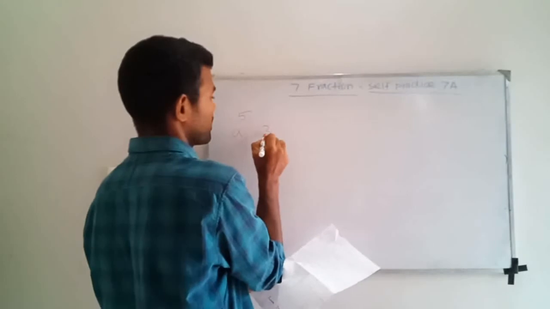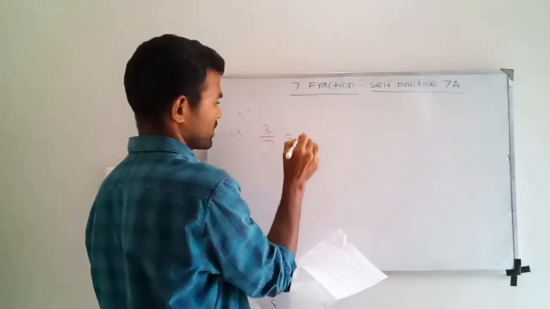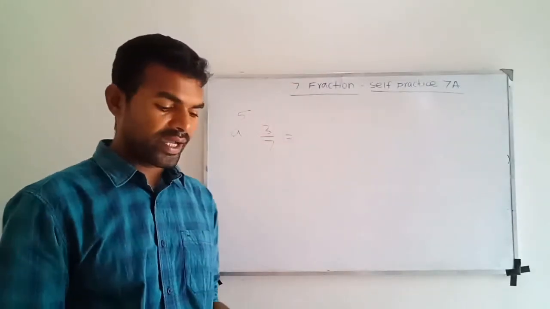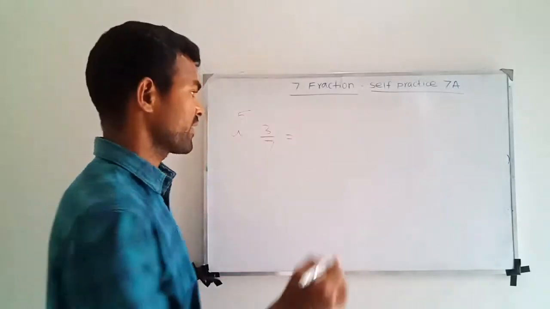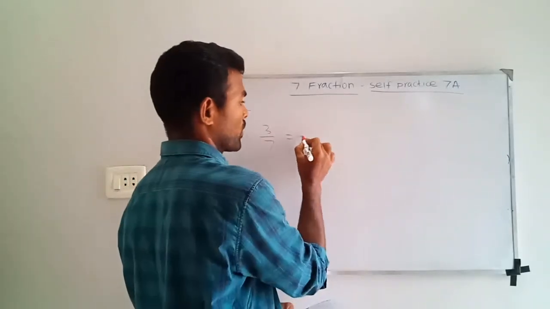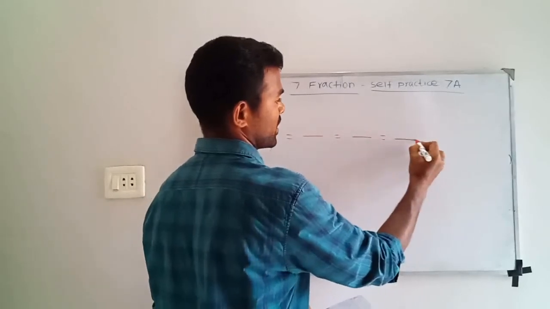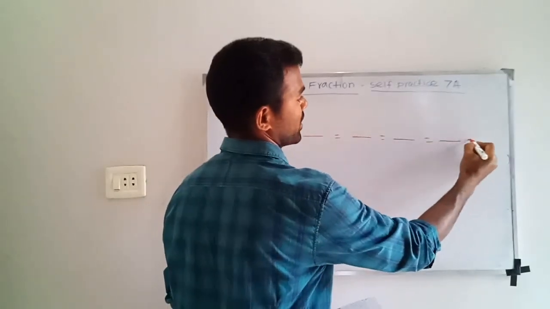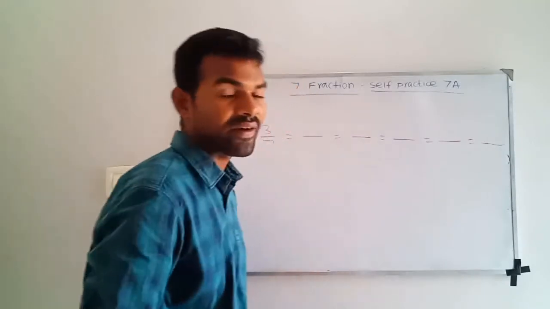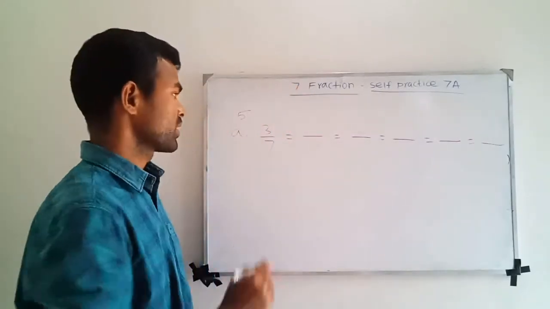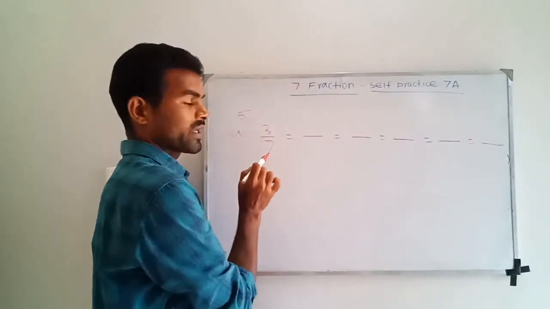Give 3 by 7. So to write 5 equivalent fractions, 5 numbers you have to write. One number here, second number here, third, fourth, fifth number. Yes, 5 numbers here we have to write. So that is 3 by 7.